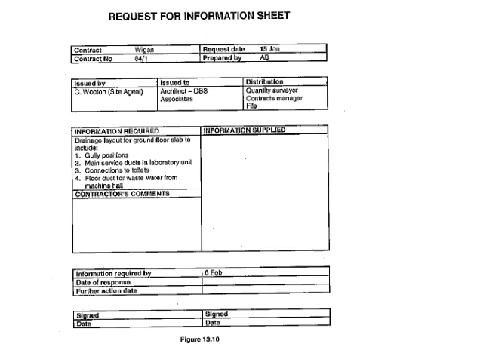Okay, then the breakdown. Your request for information sheet has the contract, the basic contract information. Then you get the information required by whom, to whom, and issued to whom. Then the information required, and then you've got places where the information, when it's actually supplied, is to be filled in.